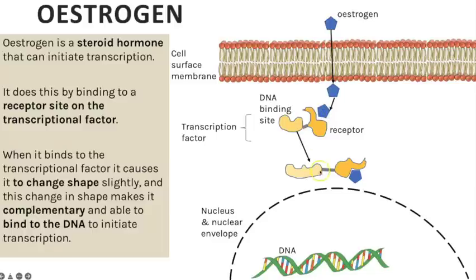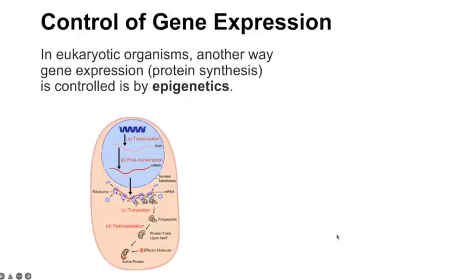When it binds, it causes the DNA binding site to slightly change. That transcription factor will then move into the nucleus, and because the DNA binding site has changed shape, it's now complementary to the DNA, so it can attach and initiate transcription. mRNA is then created, which can then leave the nucleus and be used in translation.